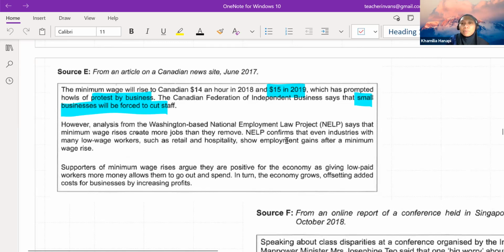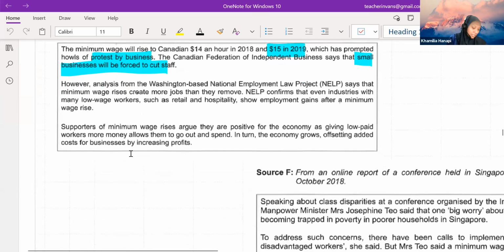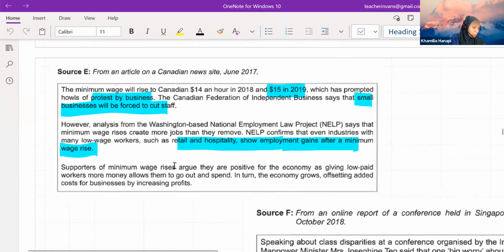This Employment Law Project confirms that even industries with very low wage workers, such as retail and hospitality, show employment gains after a minimum wage rise. So that means this particular source is very pro minimum wage, correct? That means it is supportive.